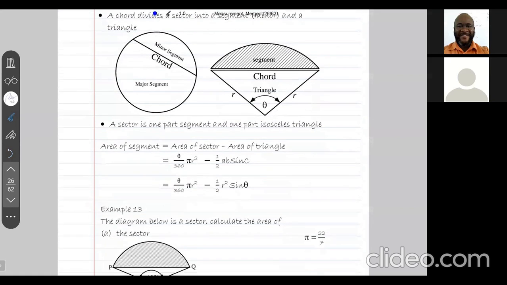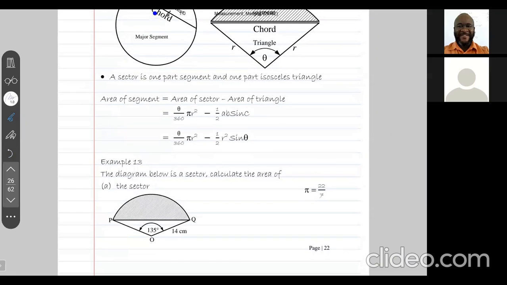Guys, let me do 13A and you do B. In 13, the diagram below is a sector and we're to calculate the area of the sector.